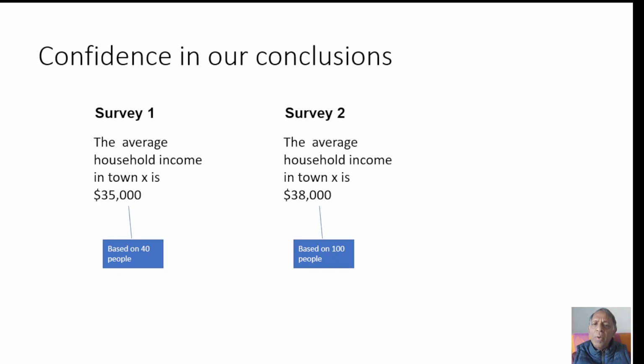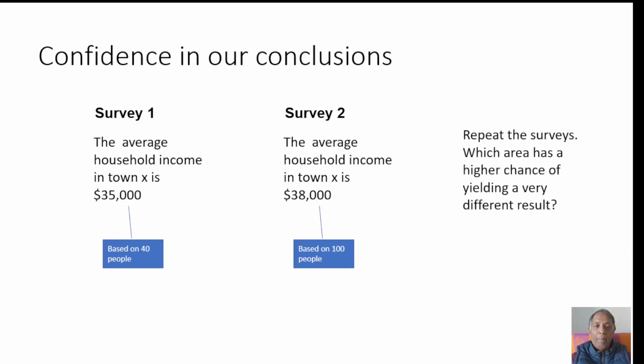So obviously we would say, I really would trust survey 2 more than survey 1 because it was based on a significantly larger number of people. It could still turn out that survey 1 was the one which was closest to the actual average, but we would feel that it's much more likely that survey 2 is really a better representation than survey 1. Why? Because it's based on a larger sample.